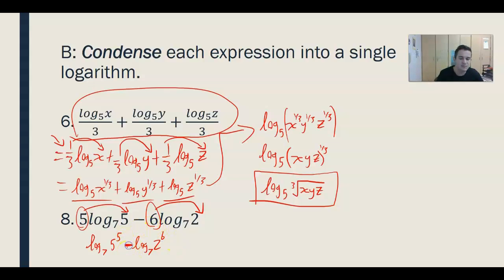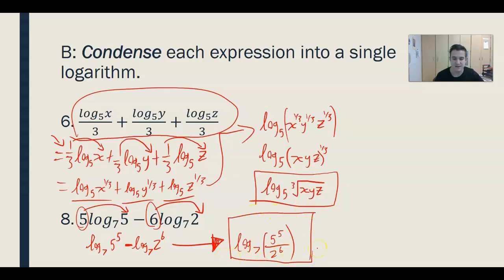Now, since I'm subtracting these logarithms, I'm going to use the quotient rule and rewrite this as log base 7 of 5 to the 5th over 2 to the 6th. For now, I don't need you to compute all those numbers. You can just leave it as simplified as that. And that's how I rewrite that logarithm in condensed form.